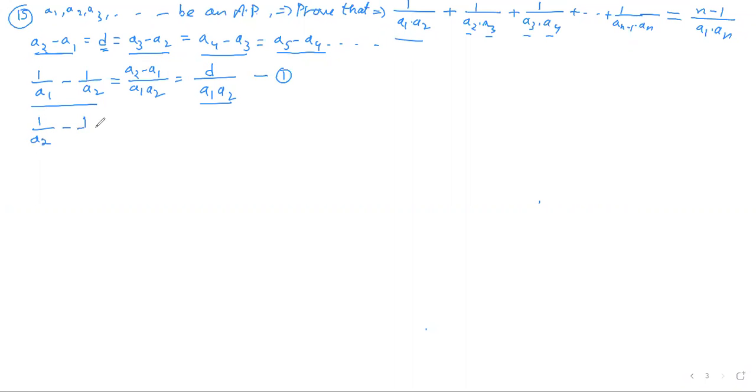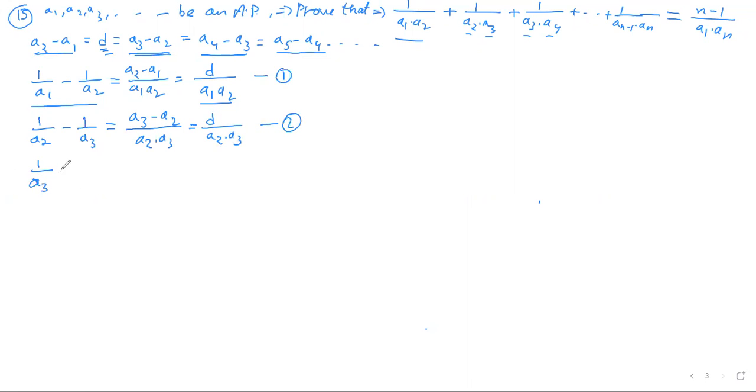Further, 1 by a2 minus 1 by a3 is a3 minus a2 over the denominator a2 a3, and a3 minus a2 is d again. So d upon a2 a3 is equation 2.